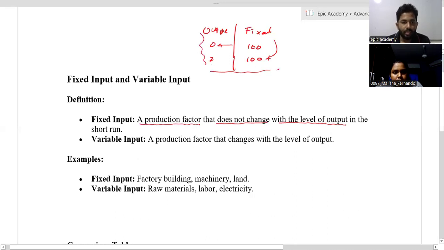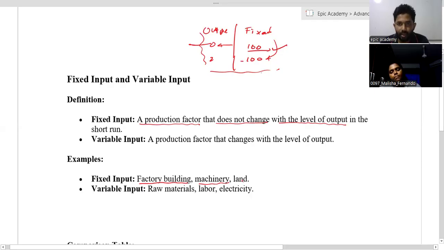As an example, just consider fixed input. Factory building. Today you are not going to produce anything, so the factory building is not going to change. Same building. Your production is 0. Machinery is already there.